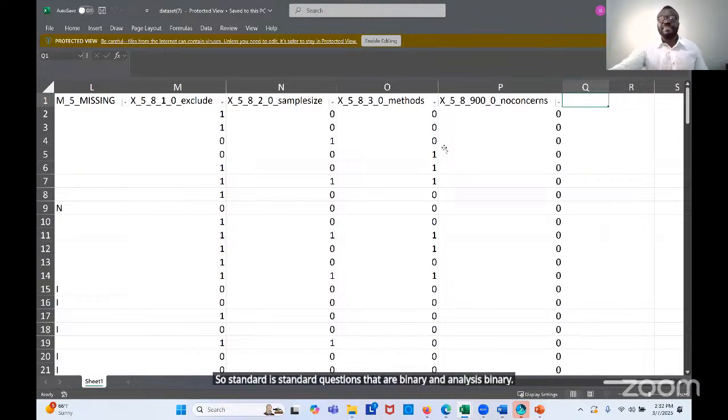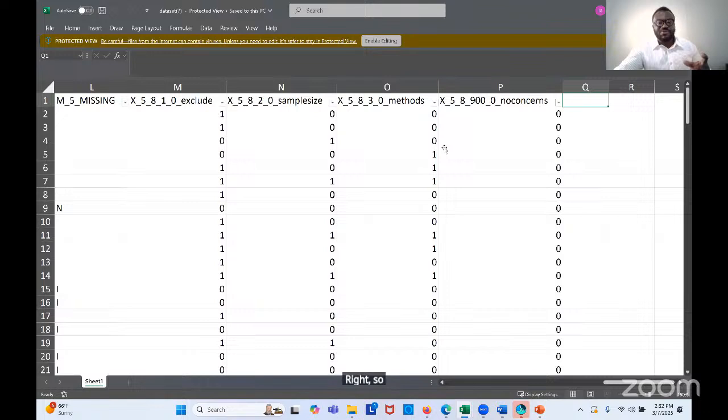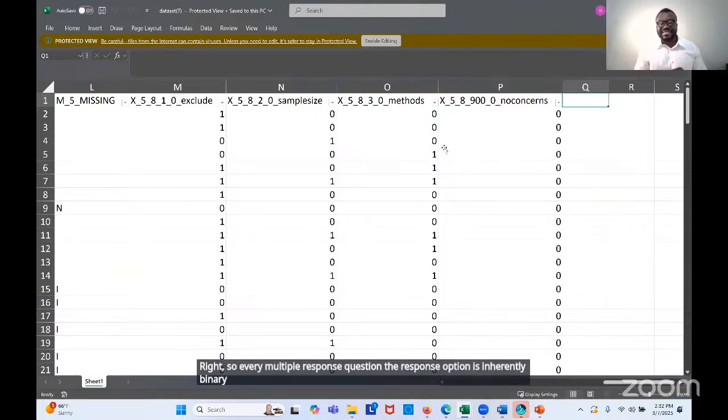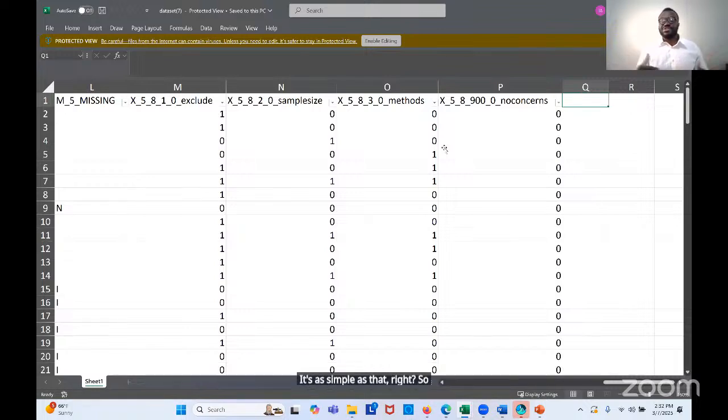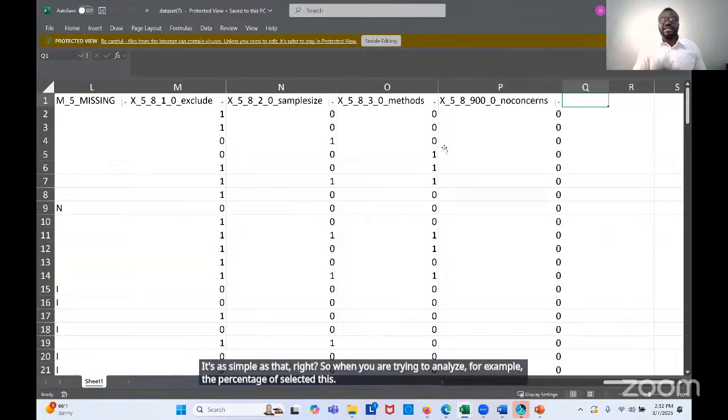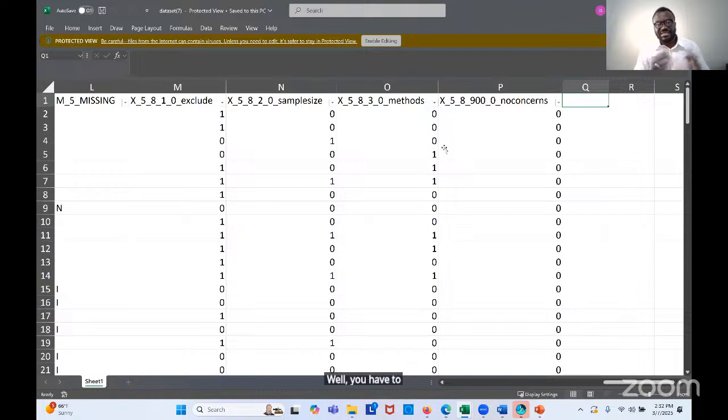So every multiple response question, the response option is inherently binary, meaning selected or not selected. It's as simple as that, right? So when you are trying to analyze, for example, the percentage who selected this, you have to express it as a dummy, which is 0 or 1, especially if you want to estimate it as a mean.